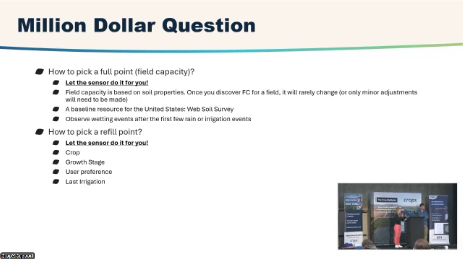So if you have a grower that is in the mindset that I'm only going to turn my irrigation system on once I see that line hit refill, then we should probably be moving that refill point up to accommodate for that. Yeah, or you've got to make sure that that's part of your communication process that, look, this does not mean this is when you start. This means when you need to be hitting the sensor location.